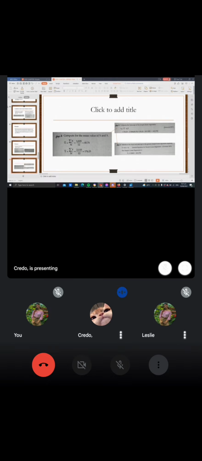Next will be step 3. Step 3 is to compute the mean value of x and y. So the x bar and y bar will be computed as follows, where x bar is equal to 85.75 and y bar is equal to 176.25.